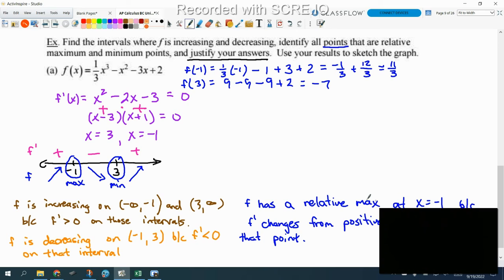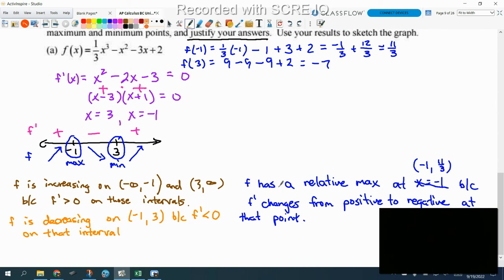All right, so f has a relative max at, I'm just going to cross this out, and I'm going to write the point at negative 1 comma 11 thirds, because f prime changes from positive to negative at that point.